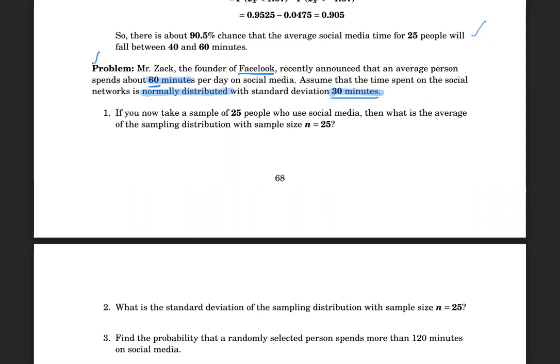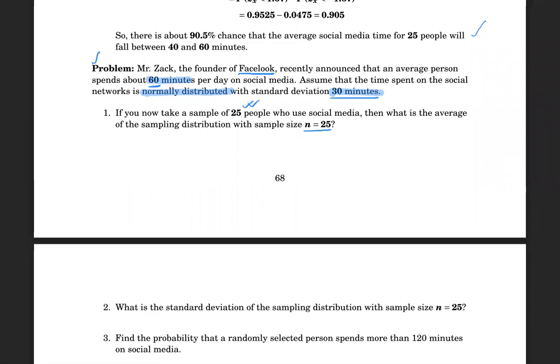If you take a sample of 25 people who use the social media, then what is the average of the sampling distribution with sample size 25? So actually, I just didn't do the regular one. I just jumped into the sampling distribution here. So instead of selecting randomly one person, you selected 25 people from the population.